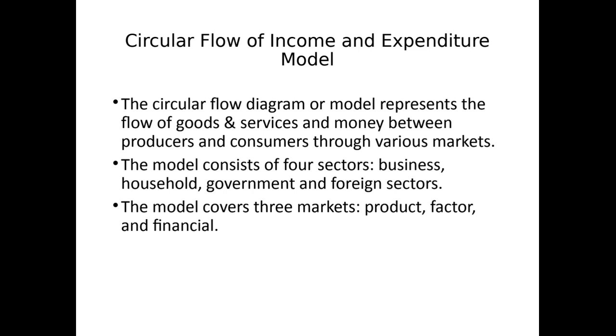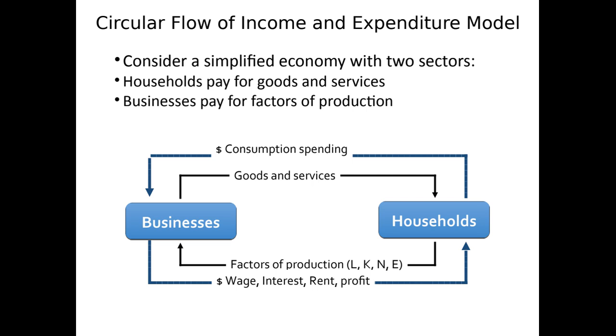Let me start this model by introducing first the two sectors out of four. That is households and businesses. So from now on, I will call it household sector and business sector. Since this is a model, we are assuming that households pay for goods and services.